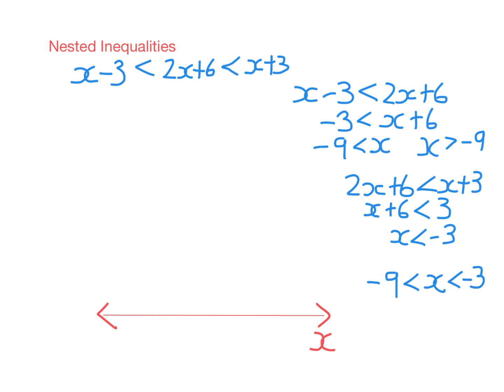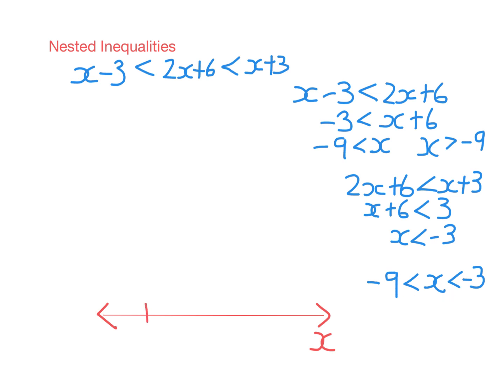Just like for all inequalities, there are infinitely many solutions. Any number between negative 9 and negative 3, but not including those, will satisfy this inequality. If I substitute x for a number like negative 5, for example, here, here, and here, I will get a true statement.